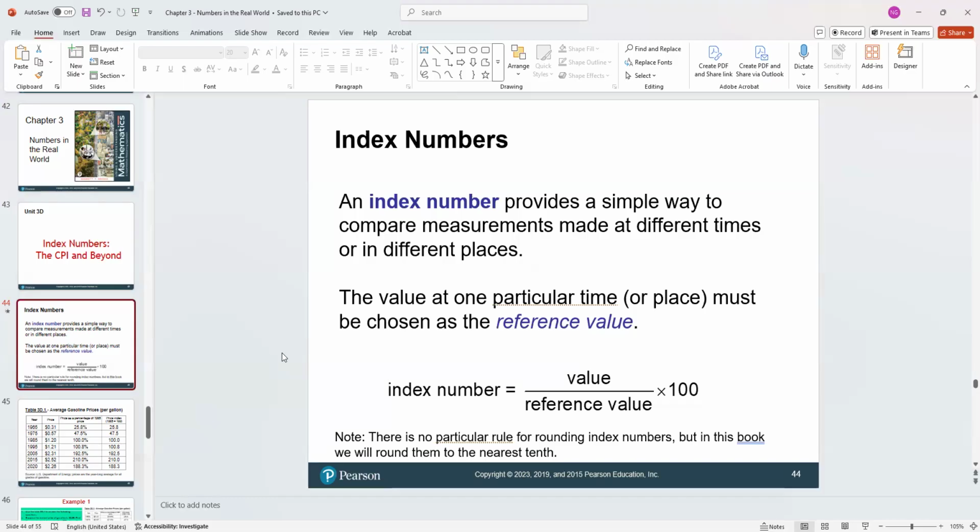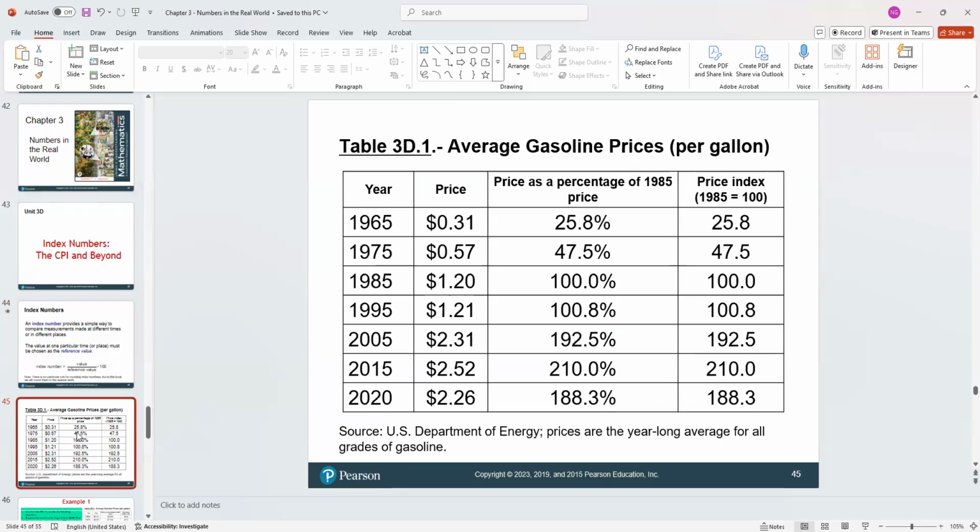Usually with these tables, you can see in this one here, let us use an example to explain.